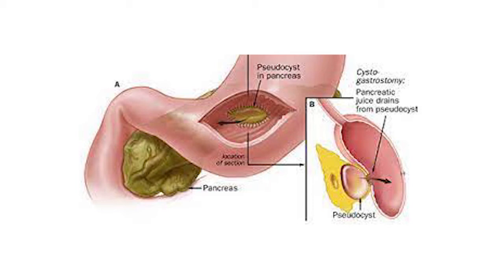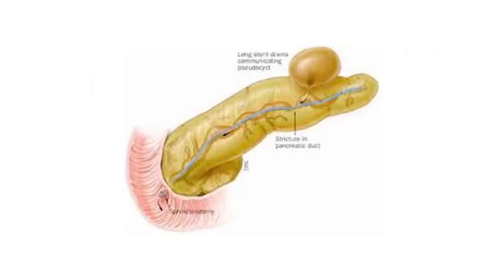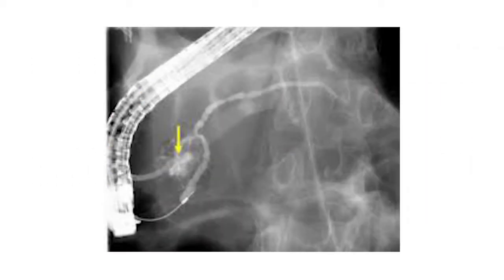The posterior wall is also open, and there is marsupialization and suturing of the pseudocyst of the pancreas, sutured with the posterior wall of the stomach. Now this is another image, a long communicating pseudocyst of the pancreas. This is another image of ERCP. You can clearly see there is a pancreatic fistula.